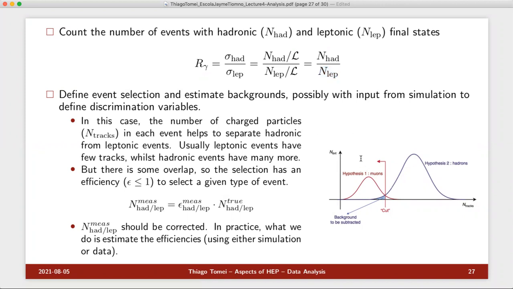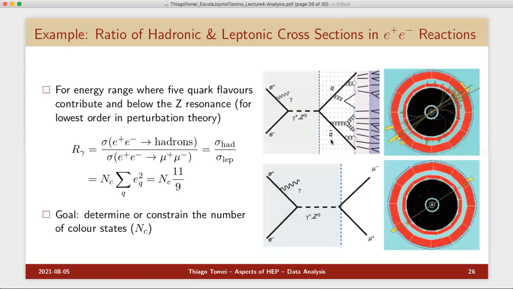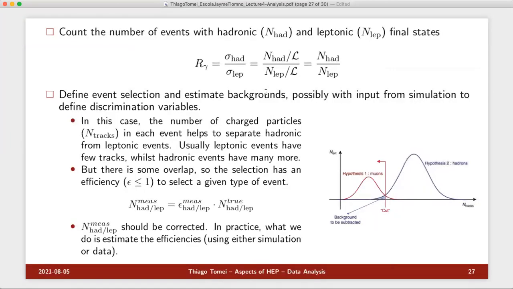There are particles that come from somewhere else. There may even be true physics. For instance, here this neon can radiate a photon that can give, I don't know, yet two other particles here, and then you have two more tracks. You can't really know. But you have some handles. One of these handles is the number of charged particles.